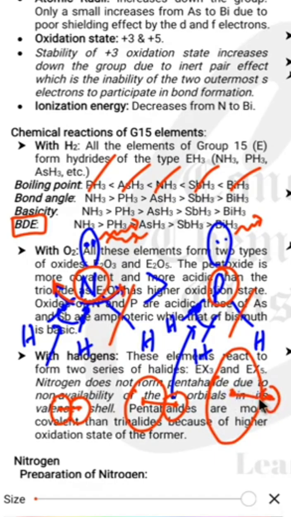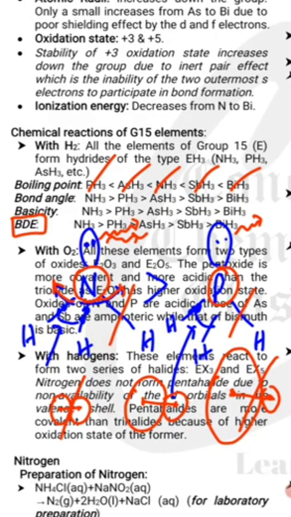So the higher the bond length, the weaker the bond will be. Therefore the energy required to break this bond will be lesser than the energy required to break this bond. This is in case of NH3, right? So decrease in bond dissociation energy from NH3 to BiH3 is because of increase in atomic size, right? These are some important properties of hydrides of group 15 elements, right?